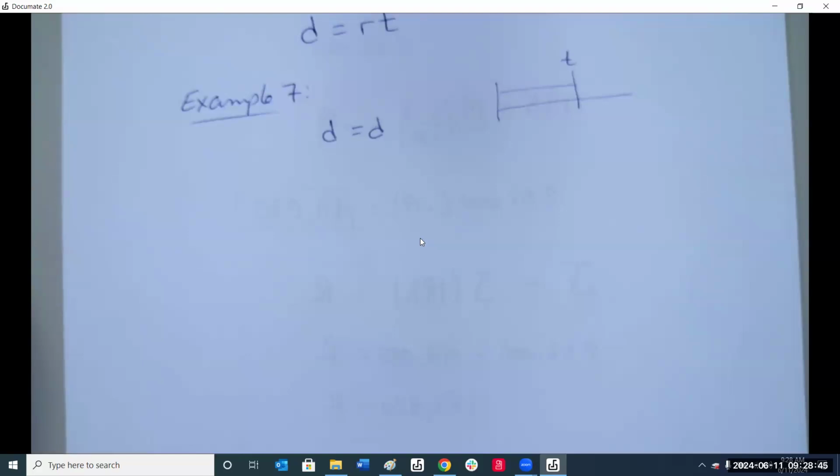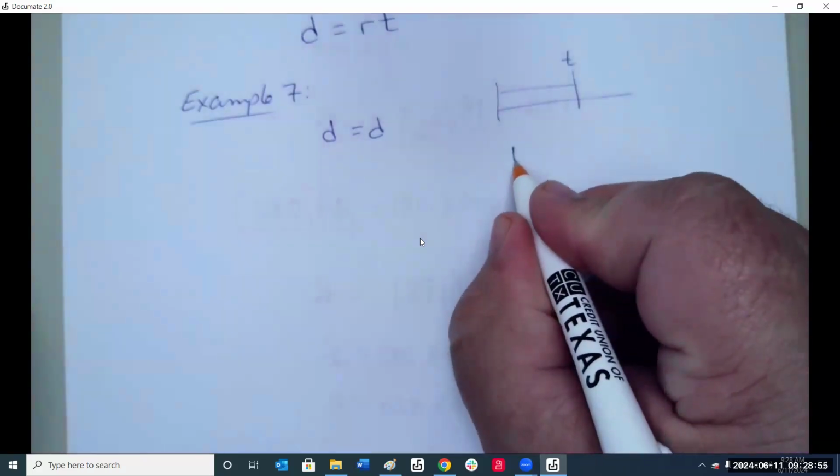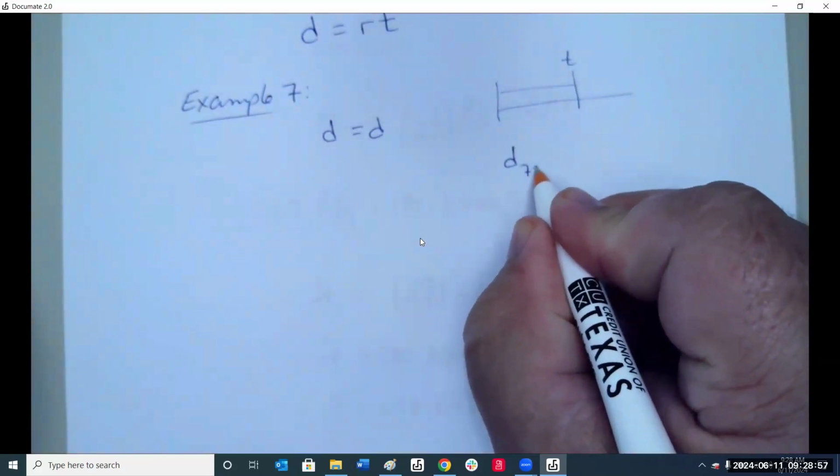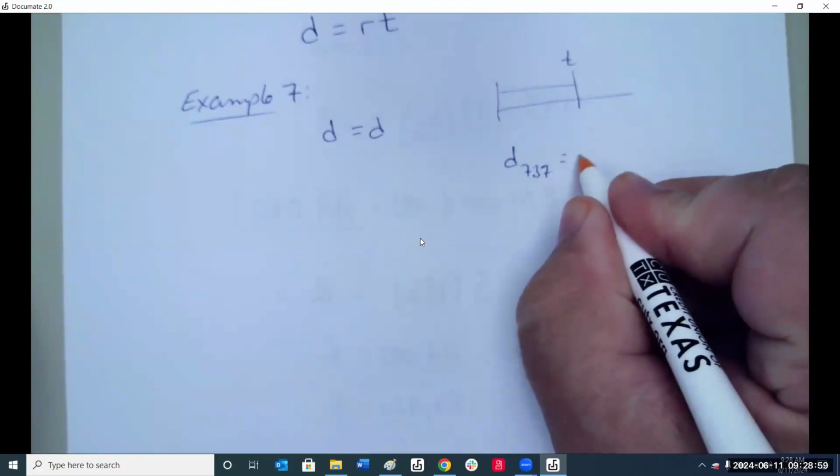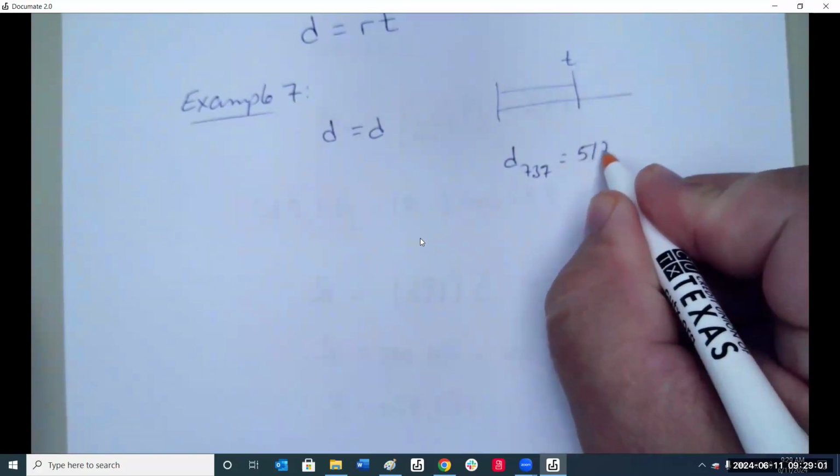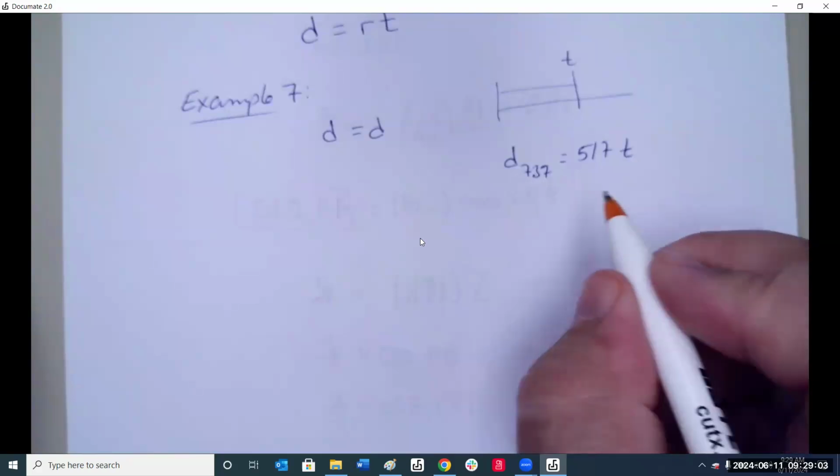No. Can we figure it out? How? Using the rate and time. Yeah, the distance of the 737 is 517 times T.